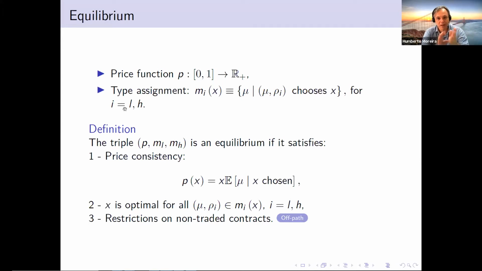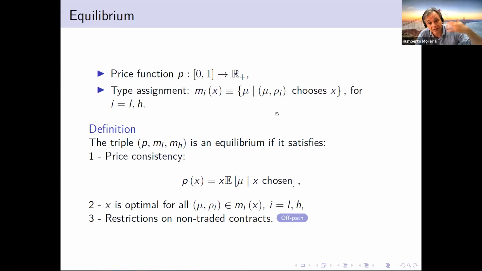So I'm naturally dividing this space of types into two sets, the high and low risk aversion types, and I'm going to map each X to possibly these types. It's possible that one of these sets is empty. So for a given level of contract, you may see just the high risk averse type or the low risk averse type associated to that level.